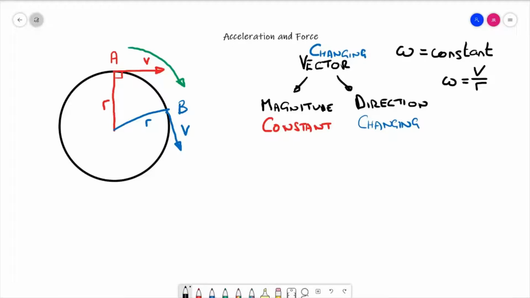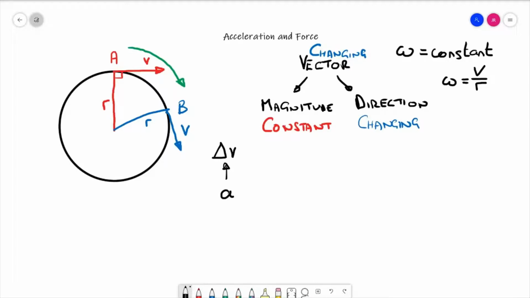We can now follow this idea through logically. If we have a changing velocity, shown by delta v, there has to be something that causes that change of velocity. Well, that change of velocity has to be caused by some form of acceleration.